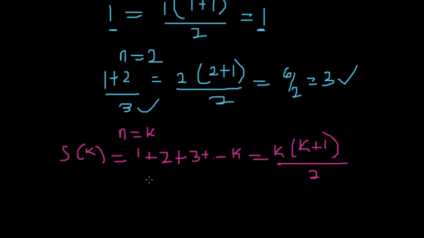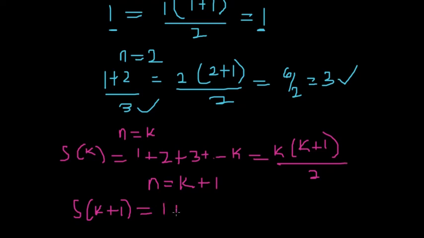That's why we have n to be equal to k plus 1. So when we have a certain expression like this, all you have to do is just insert it into the expression. So we have S of k plus 1, which should be equal to the same expression.